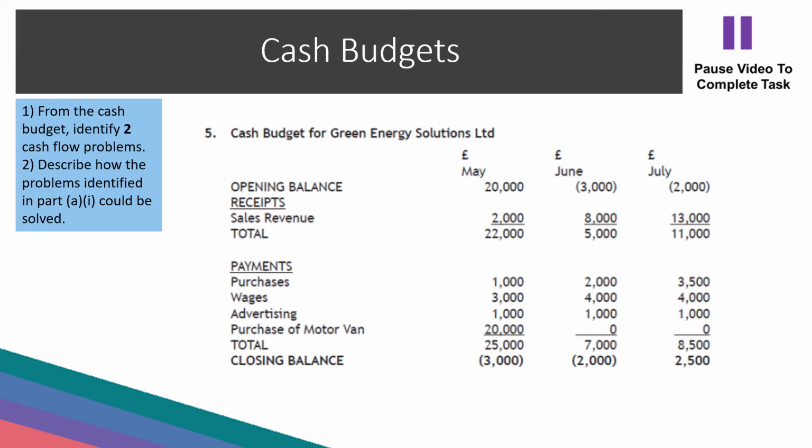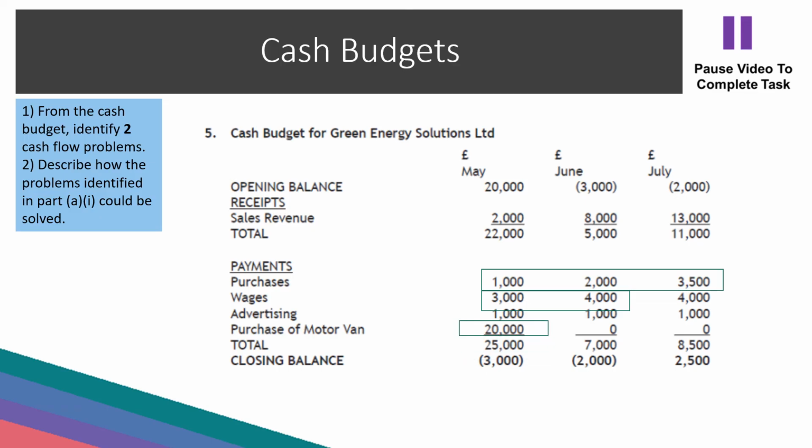So I'm going to show you, having a look at this. The first thing that you should notice, or a problem, is that purchases are increasing. Then the next problem would be that wages are increasing.